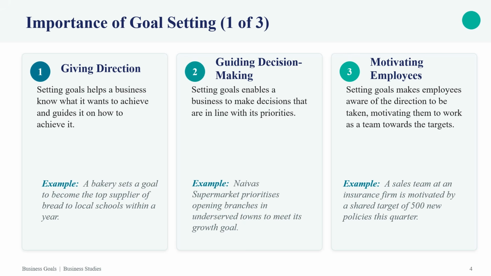Setting goals makes employees aware of the direction to be taken, motivating them to work as a team towards the targets. Kama employee hajui malengo ya kampuni ni gani, itakuwaje sasa? Atafanya kazi vipi? Itakuwa yafanya kazi shingo pande. A good example is a sales team at an insurance firm motivated by a shared target of 500 new policies this quarter.